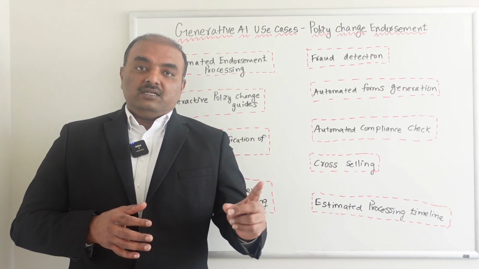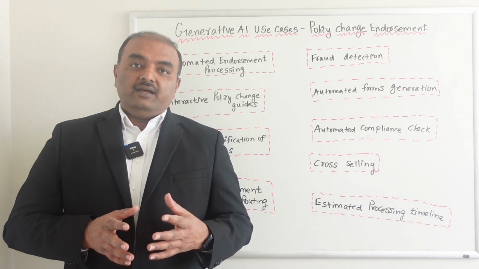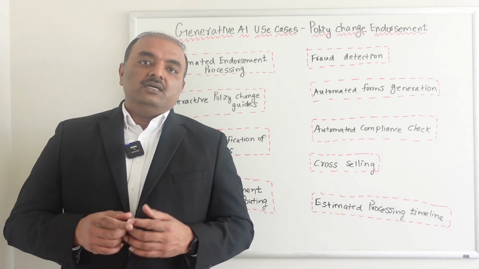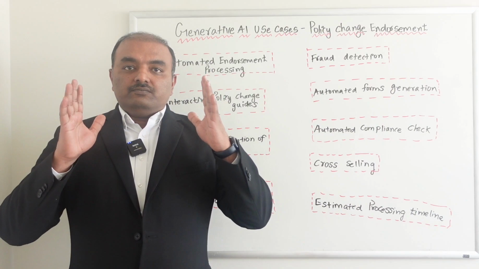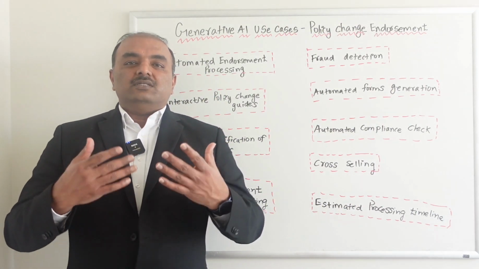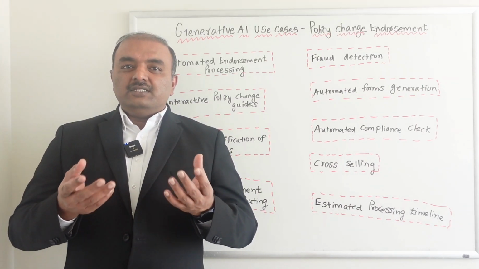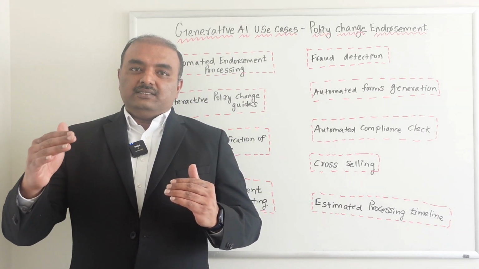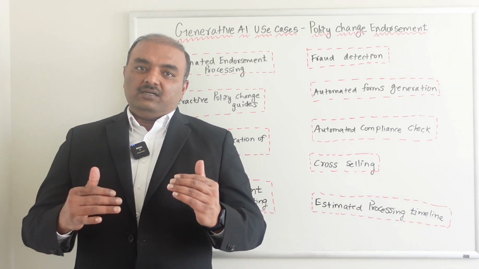For example, if you are in an area with flood-prone loss exposures and you don't have flood coverage, you are at risk. Generative AI can create a customized quote or process that tells you these are the coverage gaps in your policy, please address this, and it's up to the customer to address it or not.